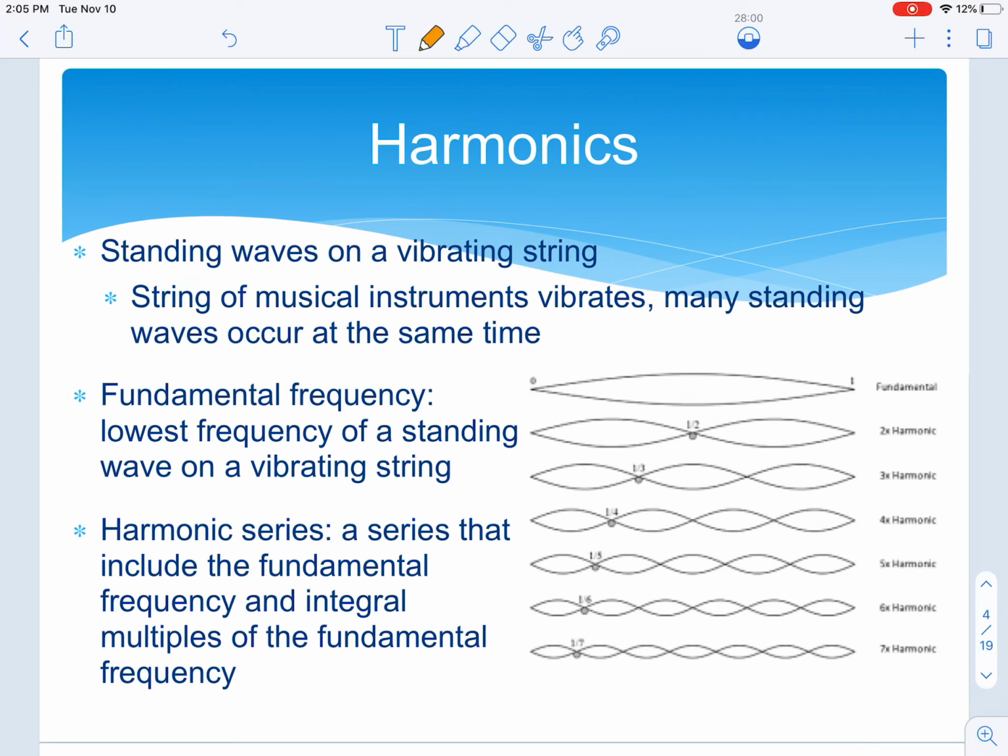So the fundamental frequency is the special name that is given to the very first harmonic. On the illustration, it says fundamental, first harmonic, second harmonic, third harmonic, and so on. If we wanted to number this, this would be the first harmonic, but it has a special name known as the fundamental.